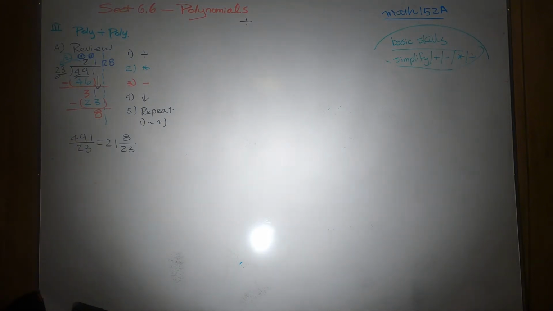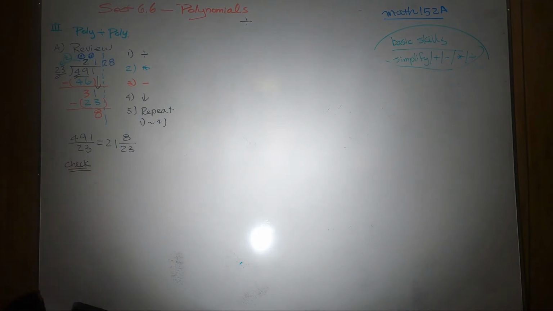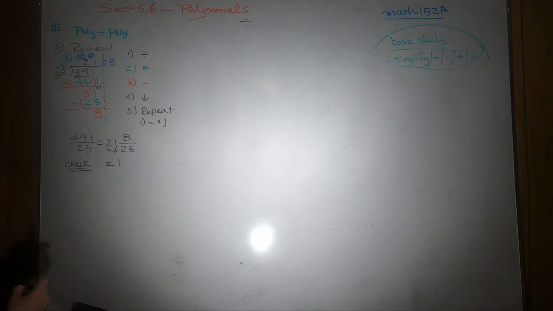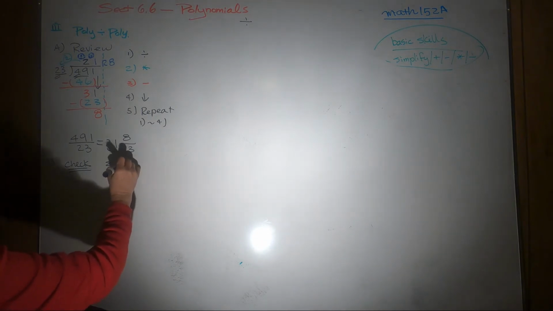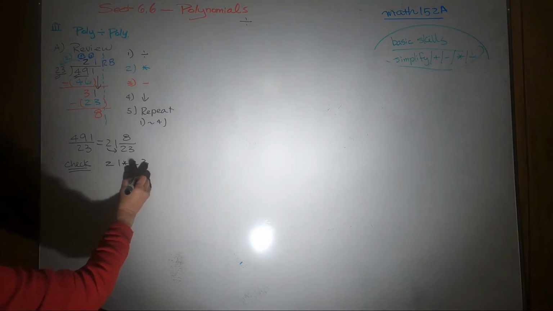Is that right? Then how do you know it's right? You check by the opposite. Division's opposite is multiplication. So we check 21 times 23, which is 483.